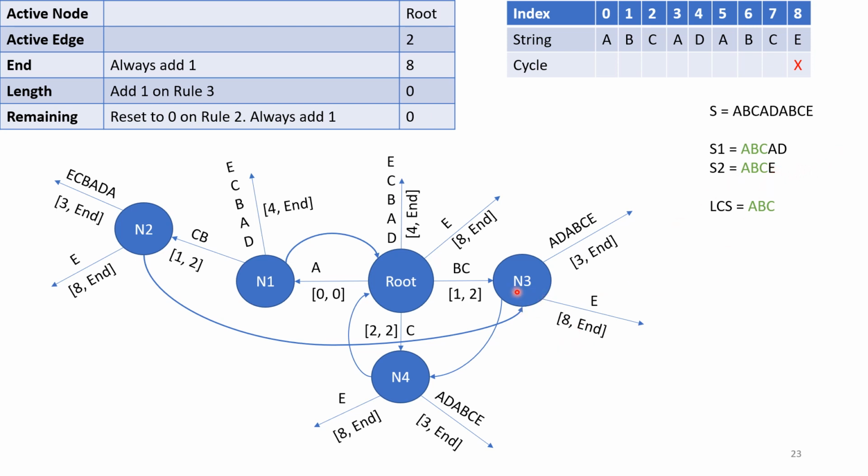We'll say, okay, well, this node has some part of string 2, and then this 3 is coming from this A, which is clearly coming from this A, from string 1. Therefore, we can say that this node contains information from string 1 and string 2. Therefore, anything before that came from both of them. So we can see that B and C is a common substring from S1 and S2.